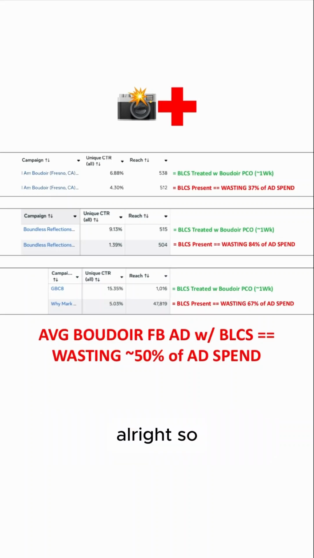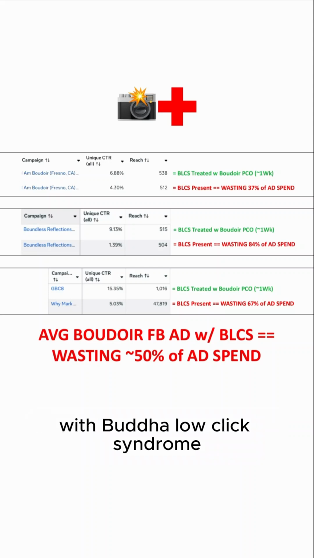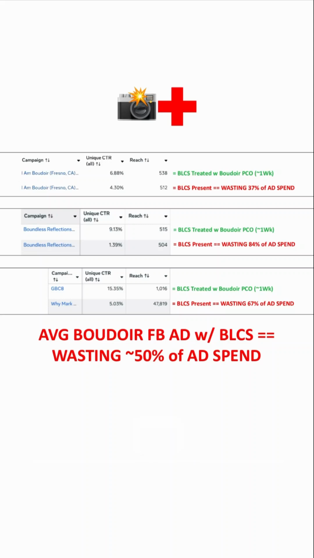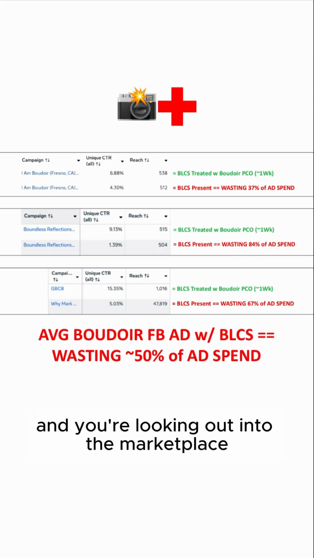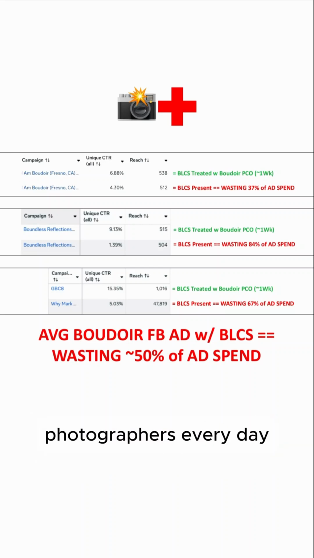All right, so if you're a BLCA with BLCS, if you're a boudoir low click advertiser with boudoir low click syndrome, the unique CTR of your boudoir Facebook ads is under 6%, and you're spending more than 10 grand a month on boudoir Facebook ads, and you're looking out into the marketplace, seeing it getting more and more saturated with more boudoir photographers every day.